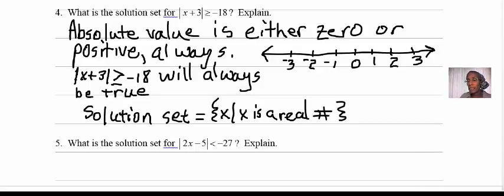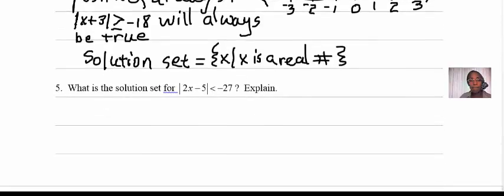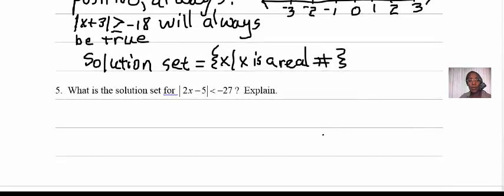Now here we want to find the solution set for absolute value of 2x minus 5 less than negative 27, and we want to explain that. Well, something that's 0 or positive is never going to be smaller than something negative.